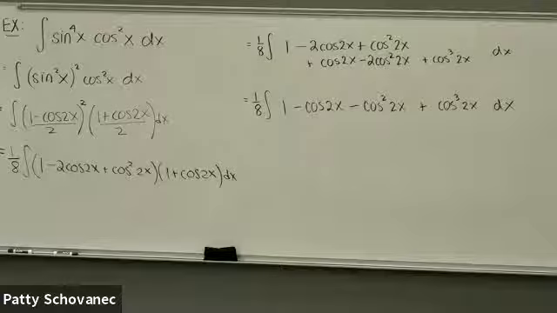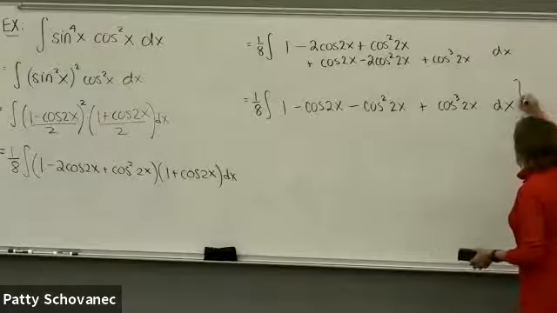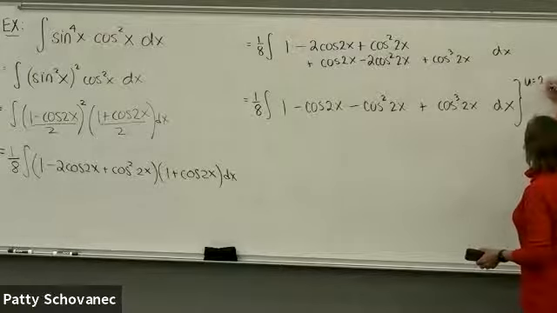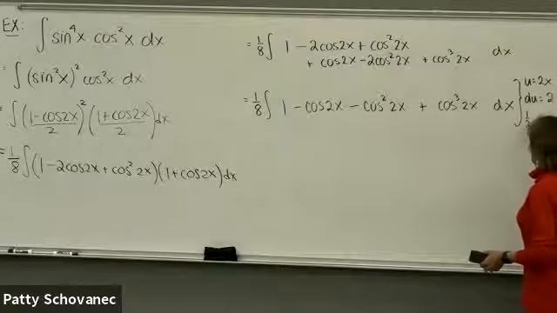The first three are going to be relatively easy. We need to first get rid of the 2x. Let's go ahead and do a u-du substitution. Let's take u to be 2x, and then the du is going to be 2 times dx. So I'm going to get yet another factor of a half out there.